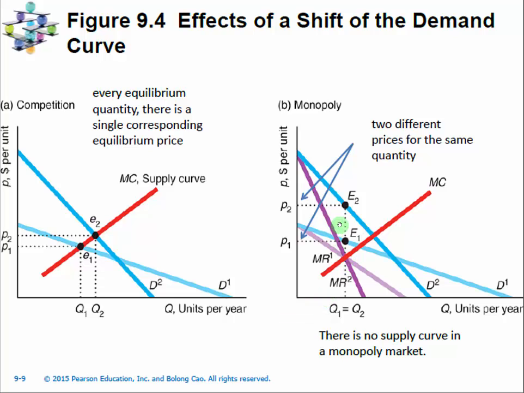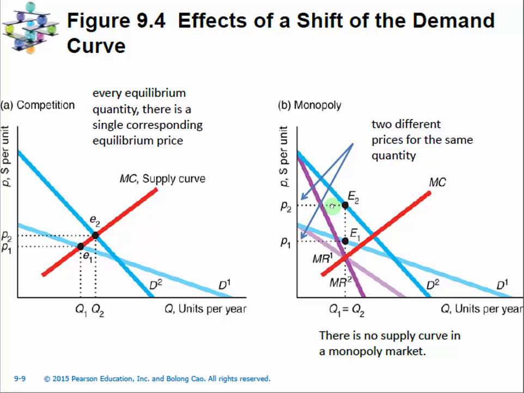It can also be the case that with a third demand curve, the optimal quantity is at a higher level and a lower price, or for a fourth demand curve, we have an output quantity at a lower level and a higher price. So there's no clearly defined so-called supply curve in the monopoly market.